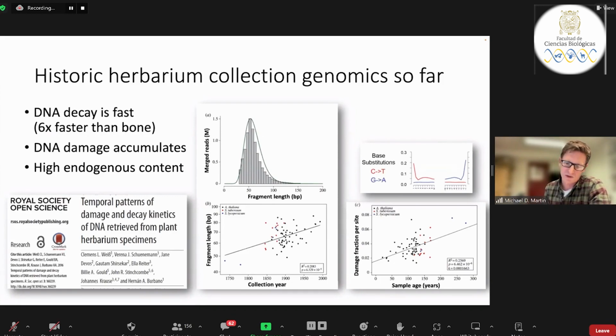It's actually happening more quickly than, for example, bones that are also preserved in natural history collections from animals. It has been found that the plant DNA is decaying about 6 times faster. So that's interesting. Perhaps it says something about the way that the plants were preserved, often using heat to dry them before they were put on the paper.